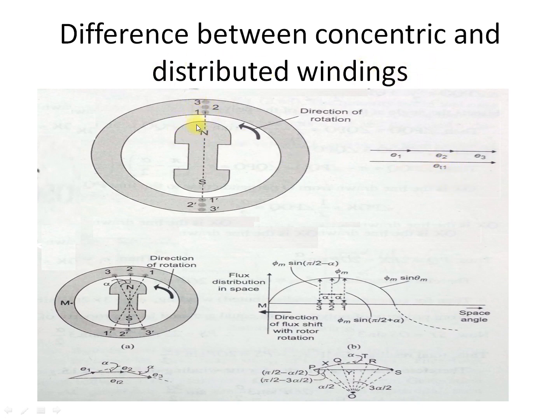So in the concentric windings, the windings do not have any phase displacement, so those windings will be in phase in space, so the direction of those EMFs will be in the same direction, so the resultant will also be in that direction itself.